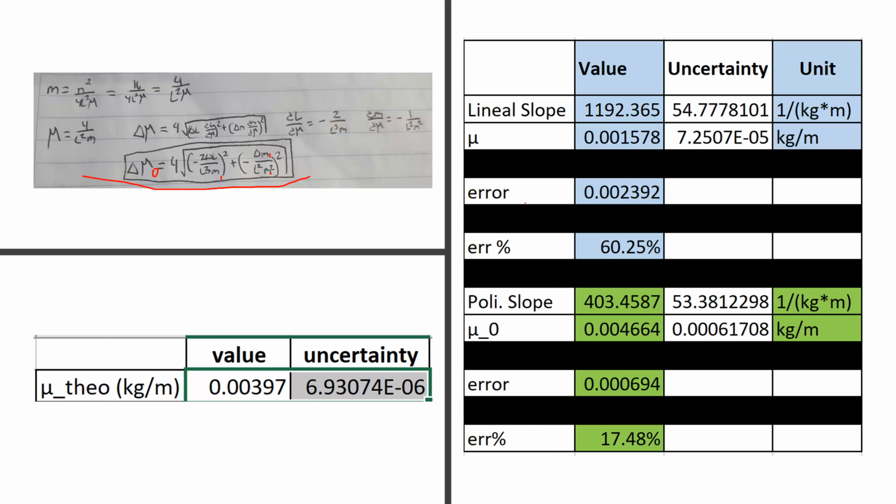So here in blue was the previous linear density we got, and now in green is this ideal linear density applying the polynomial slope. So as you can see, they differ quite a lot, and the error is much lower, just 17% compared to our theoretical linear density.